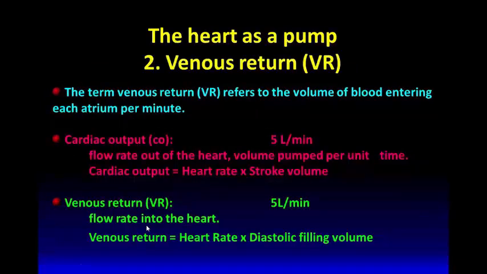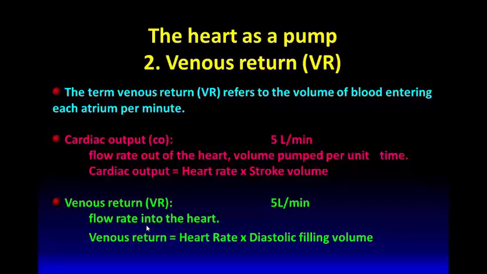The second major function of the heart as the central pump of the cardiovascular system is the filling of the ventricles with adequate volume of blood during diastole before they generate adequate cardiac output during ventricular systole.